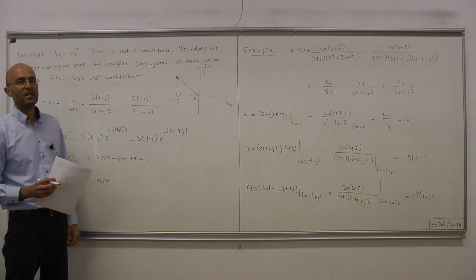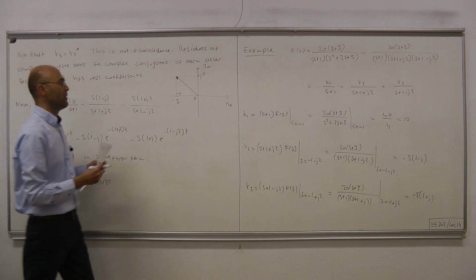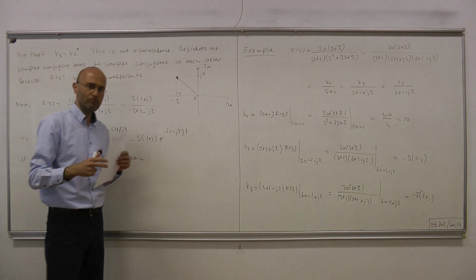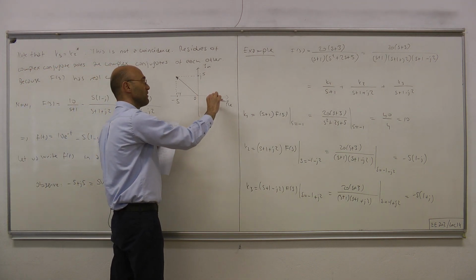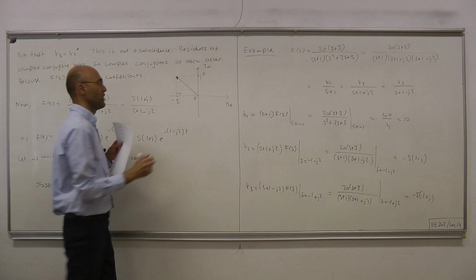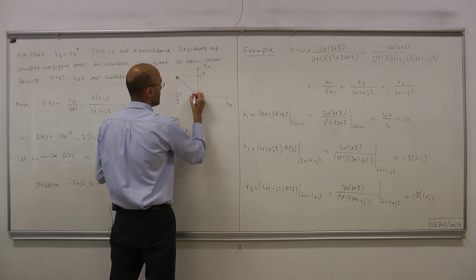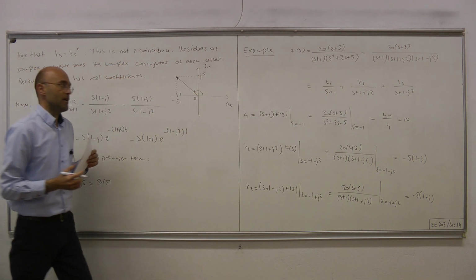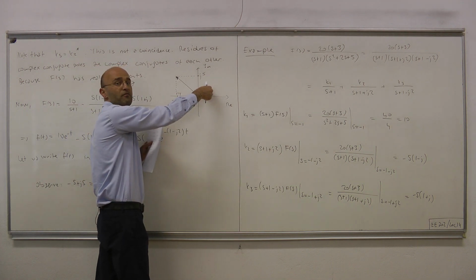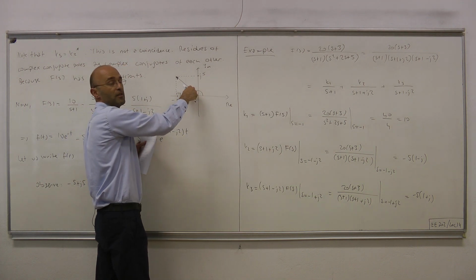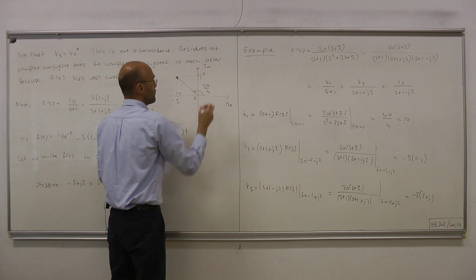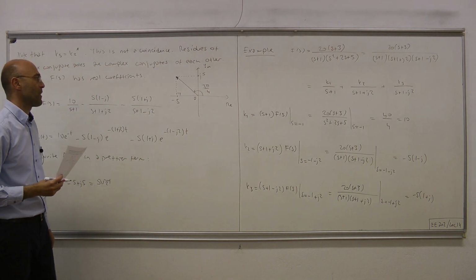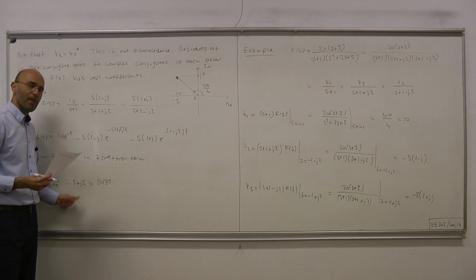How about the theta? How about the angle? We measure by convention the angle starting from the positive horizontal axis and going in counterclockwise direction. So we're talking about this here, which is 135 degrees, because this here is 45 degrees. So we have therefore 3 pi over 4 radians as the phase of this complex number.